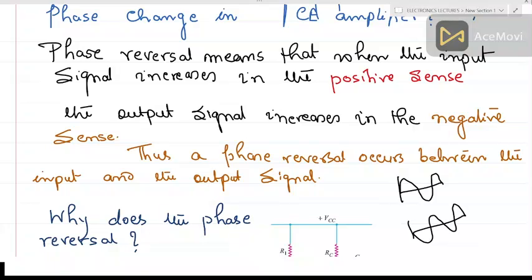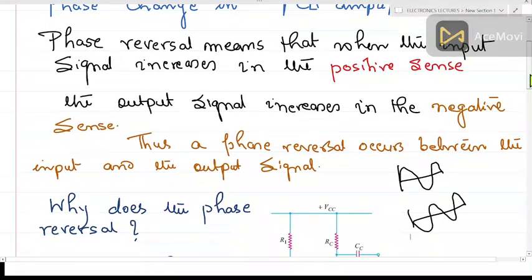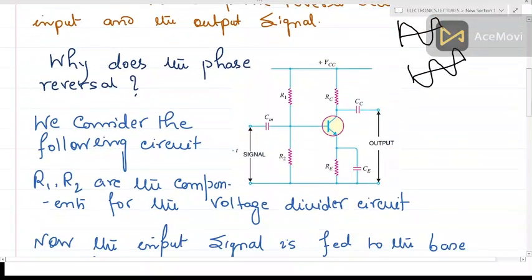What he means to say is that if this is the input signal, then the output signal is like this. Okay, maybe it is all right. But whenever you are asked what is the meaning of phase reversal, you should answer that when the input signal increases in the positive sense, the output signal increases in the negative sense. This is the meaning of phase reversal.